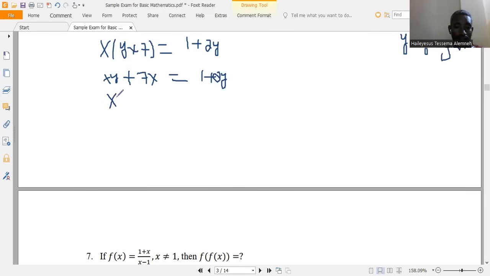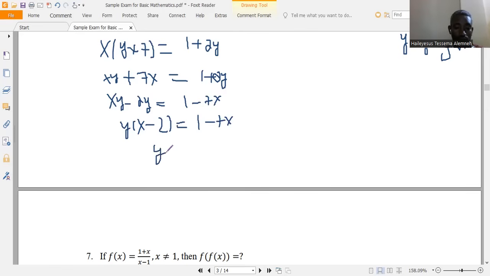Then collect similar terms here. So xy minus 2y is equal to 1 minus 7x. Taking y as common, y times x minus 2 is equal to 1 minus 7x.